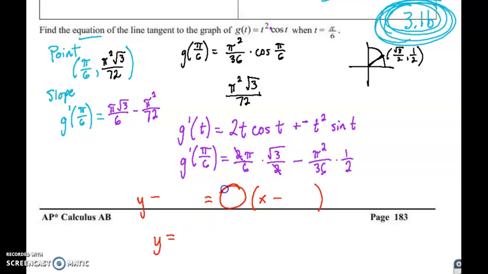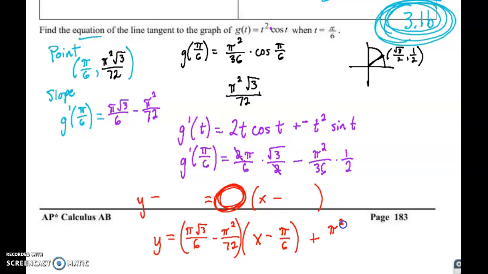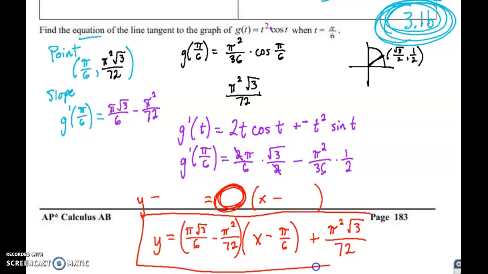So right here is your slope, which we just found, pi root 3 over 6 minus pi squared over 72, times x minus your x-coordinate, and then you have to add over your y-coordinate, pi squared root 3 over 72. Probably the ugliest answer you'll see in quite some time.